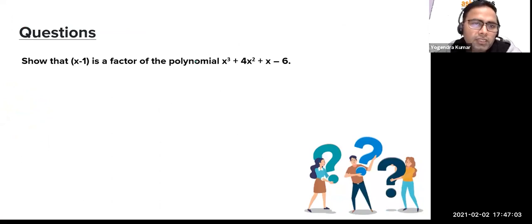Show that x minus 1 is a factor of this polynomial. There are two ways. If they're not mentioning whether to use long division or not, first of all, we can do it by the factor theorem.